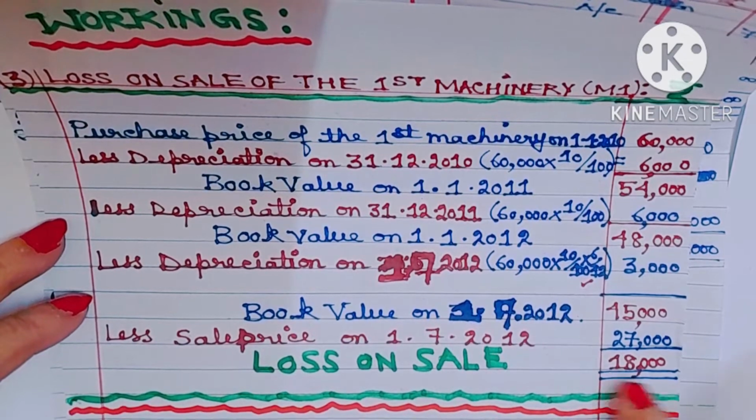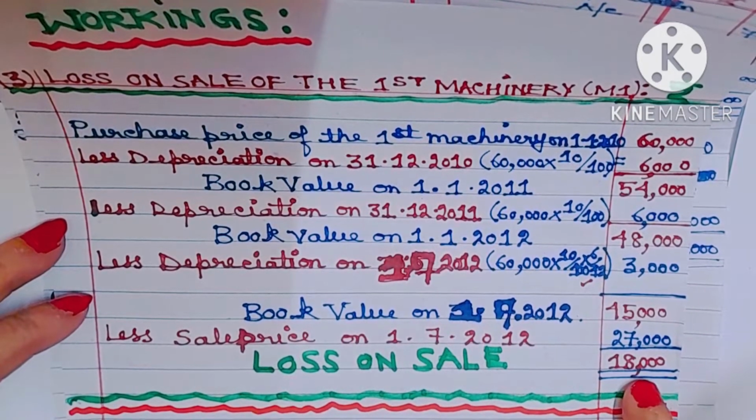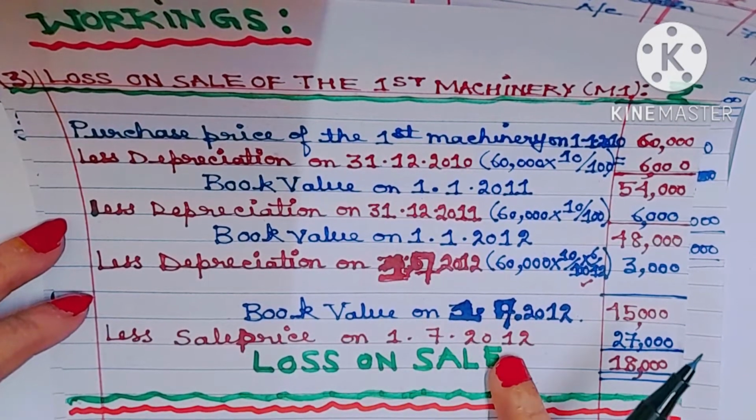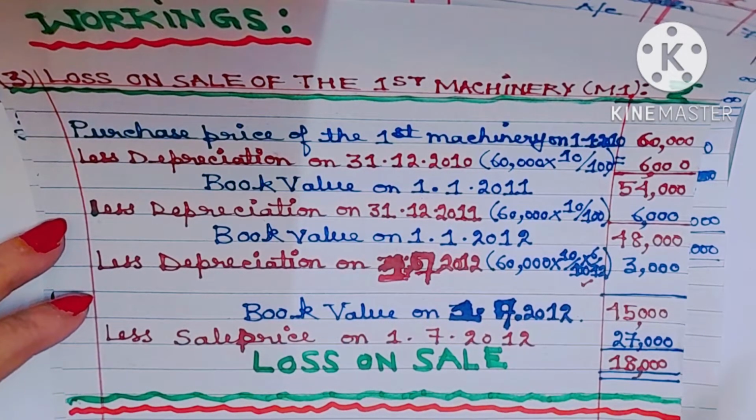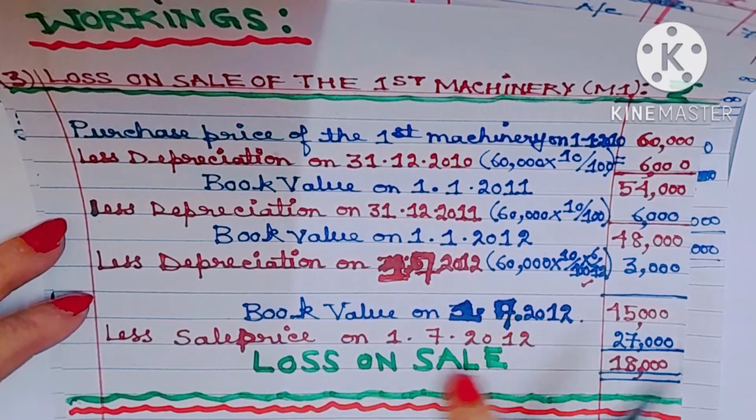So this is loss on sale of the first machinery, 18,000. For example, যদি সেল প্রাইস হতো 50,000, তাহলে 45,000 minus 50,000 means profit on sale হতো 5,000.